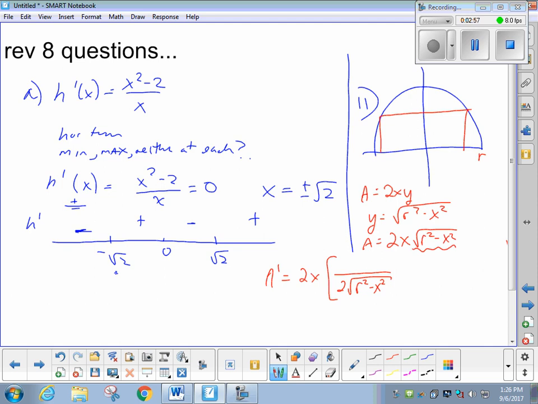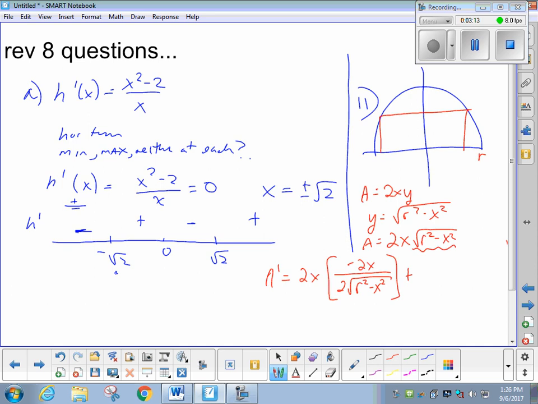No. Yeah, r's a constant. I don't know what the constant is, but once they decide on r, it's a constant. So the derivative on that is not 2r minus 2x. It's just negative 2x, okay?